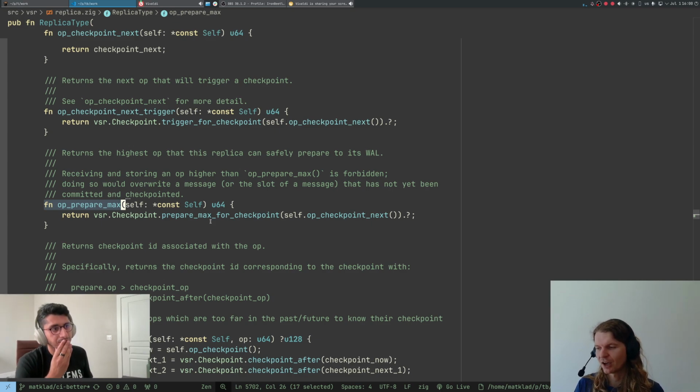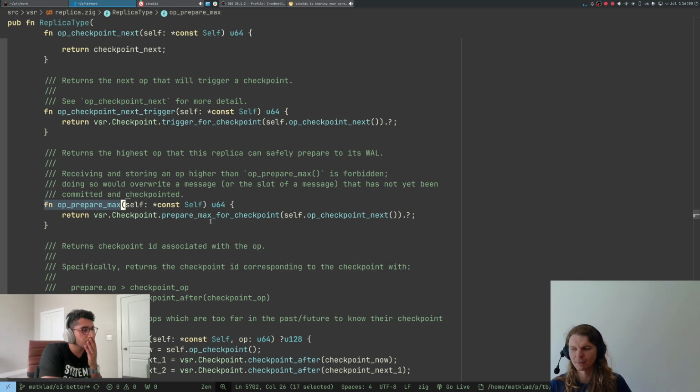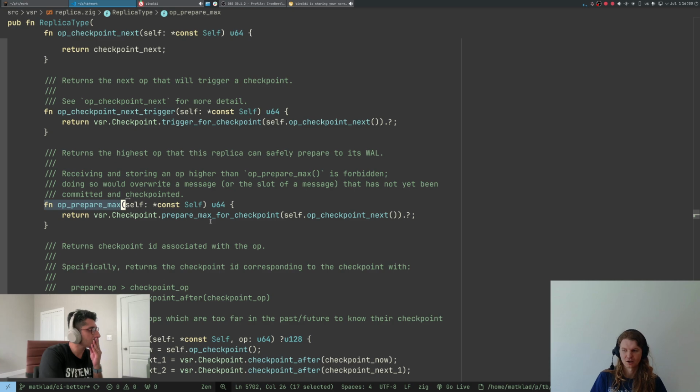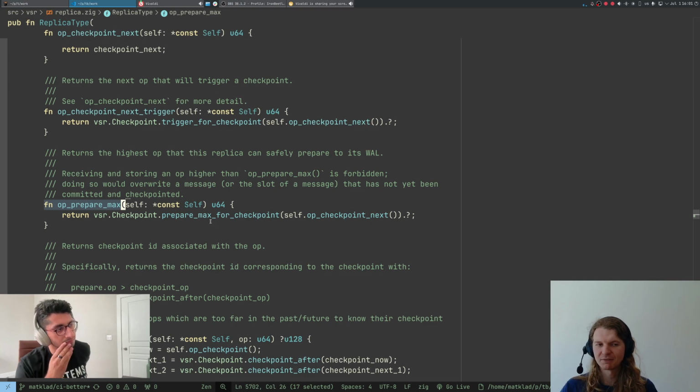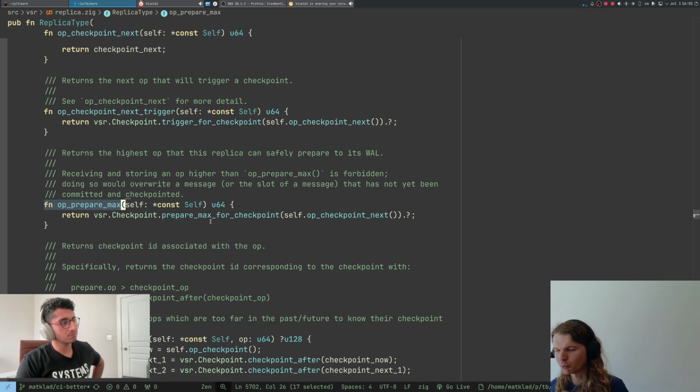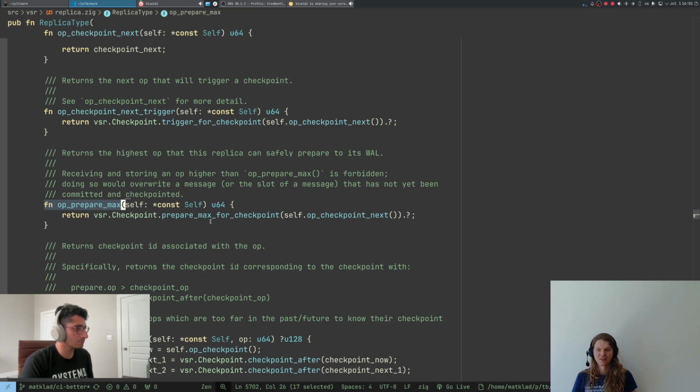After the restart, you don't have this information about other replicas, so you have to conservatively assume that they are on the old checkpoint. But at the same time, in your log, you have this new prepare. Okay, so if I appended this prepare before I crashed, that means at that point I knew that a bunch of folks were on the checkpoint, so I might as well extend my prepare max as well.